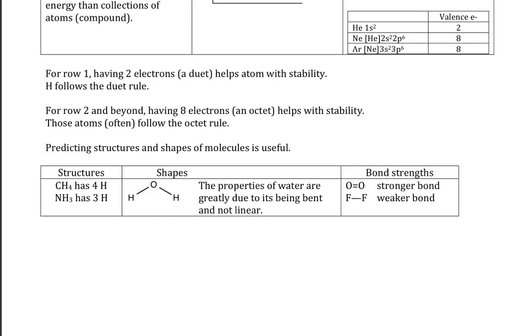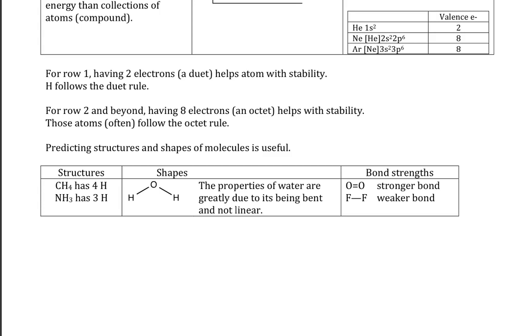So for row 1, having 2 electrons, having a duet helps with atom stability. Hydrogen follows the duet rule, duet for 2. So the duet rule, it likes 2 electrons. It likes access to 2 electrons. It only has one electron, and that explains why hydrogen bonds with lots of different atoms so that it can get access to a second electron.